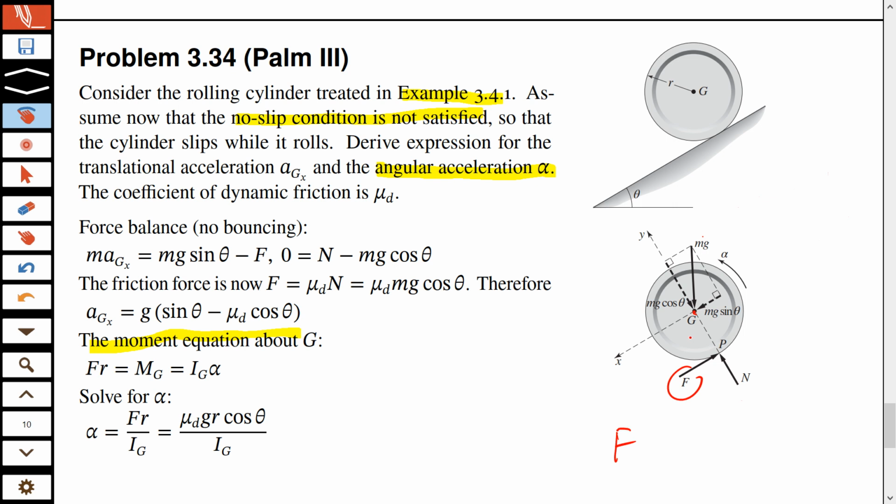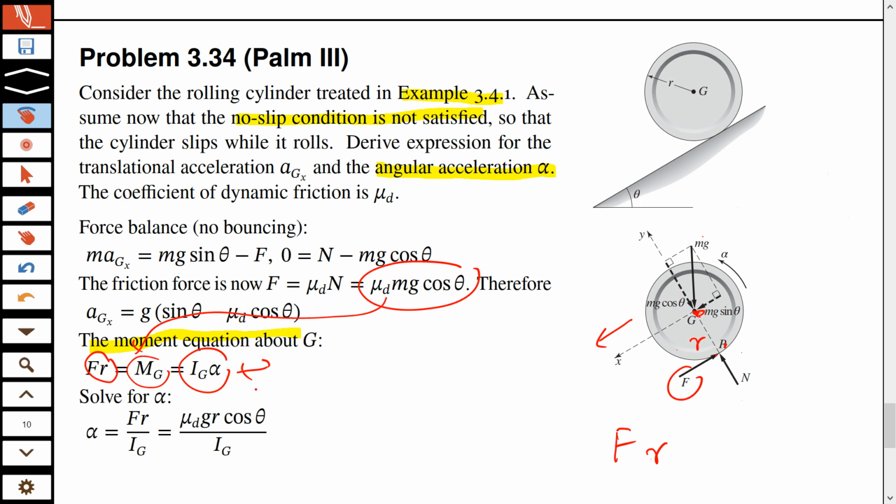So f times r is the moment M about G, and f has this expression. So you just plug this value here, and this must equal I_G alpha, क्योंकि about G you don't care about the acceleration, ठीक है ना. ये जो acceleration वाला मामला है उसकी जरूरत नहीं है क्योंकि you are writing it about G, you are not writing it about P. If you are writing it about P तो फिर शायद आपको वो बाकी चीजें भी करनी पड़ती.